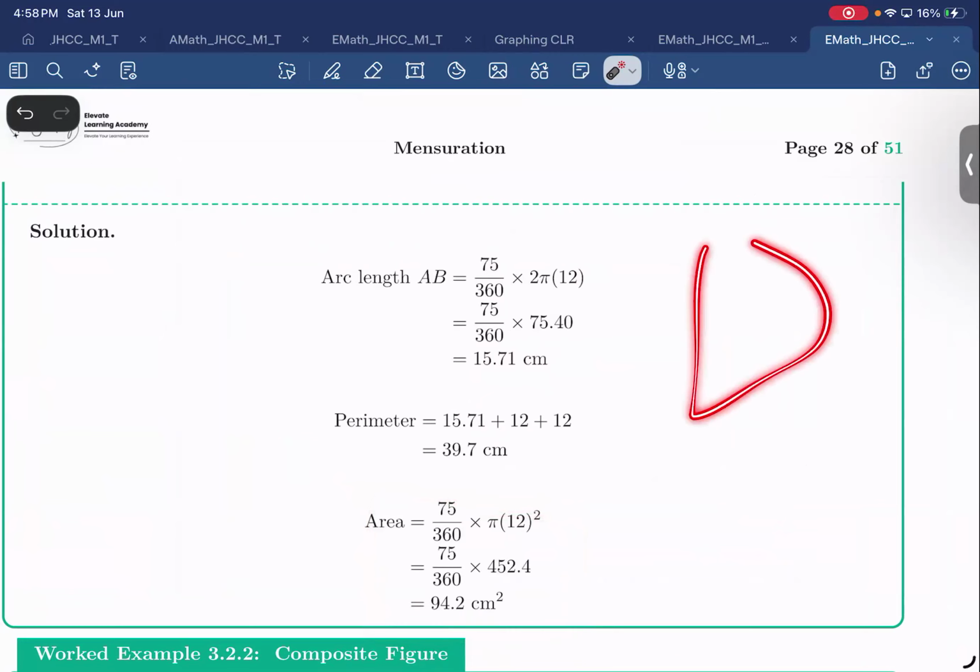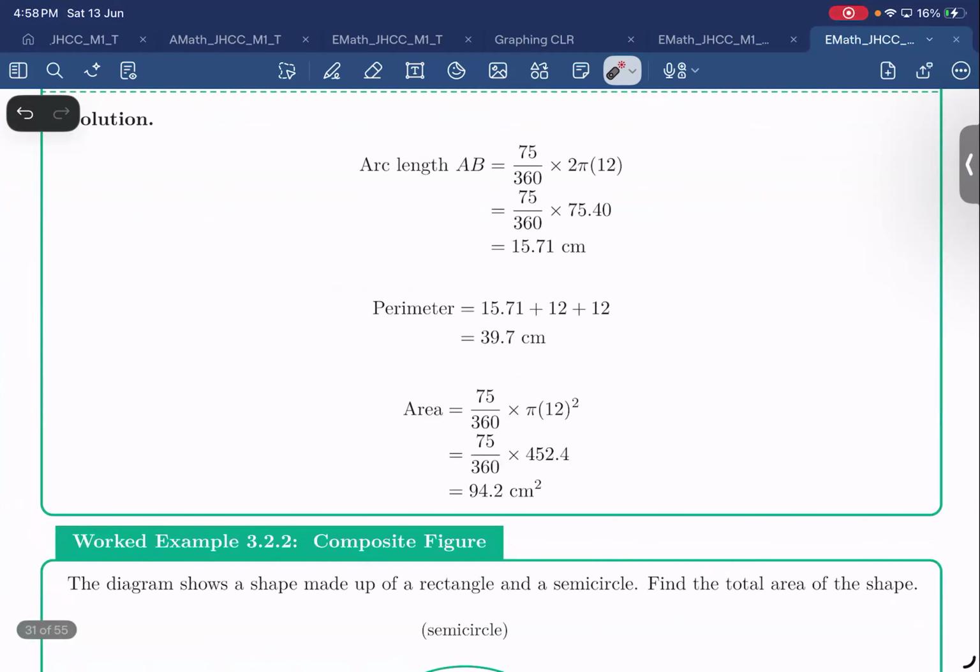Arc length is theta over 360 degrees times 2 pi r. The answer is 15.71. Then the perimeter is just the arc length plus the 2 radii. It forms an ice cream cone. That's 39.7 cm.